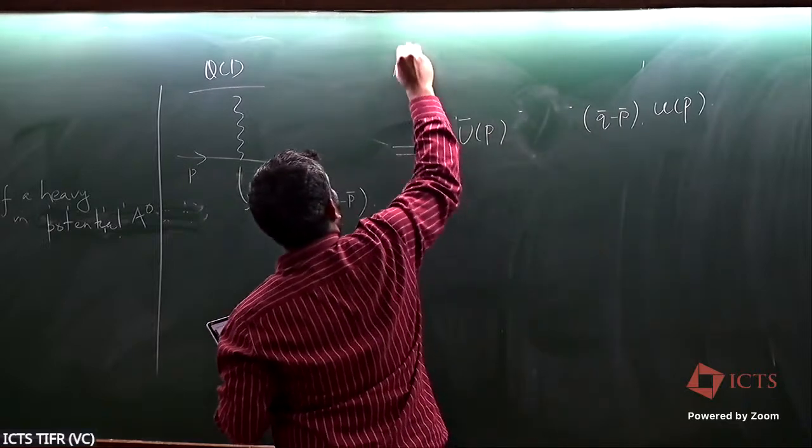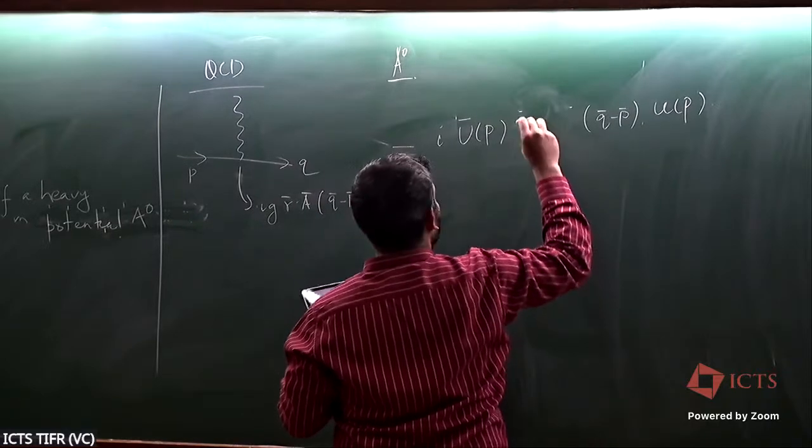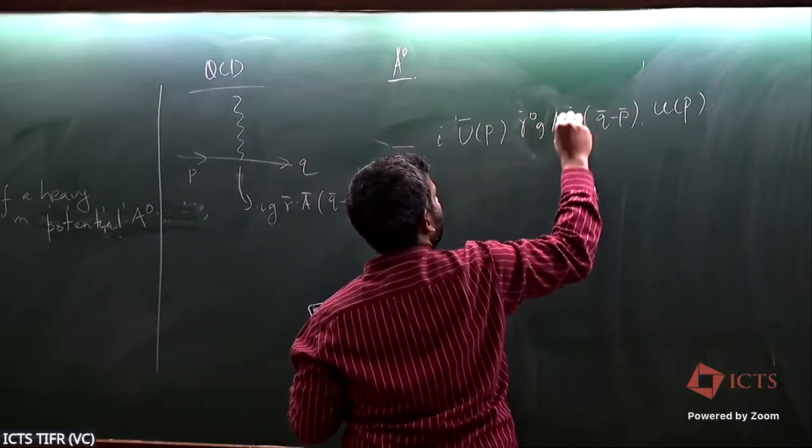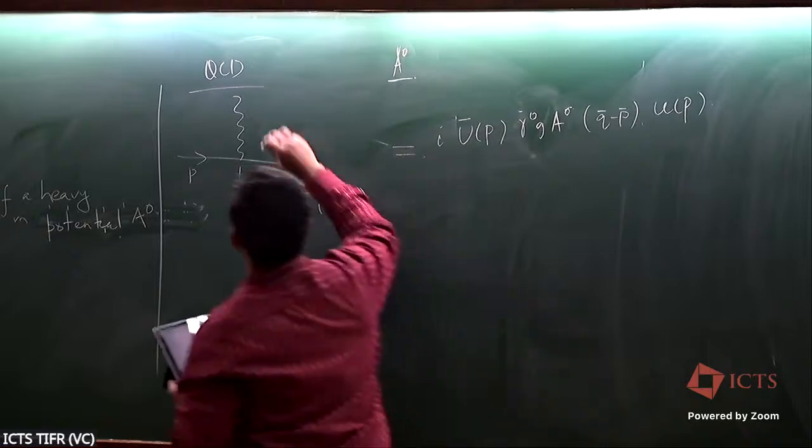So A0. Yeah, sorry, my mistake. Gamma 0 g A0.